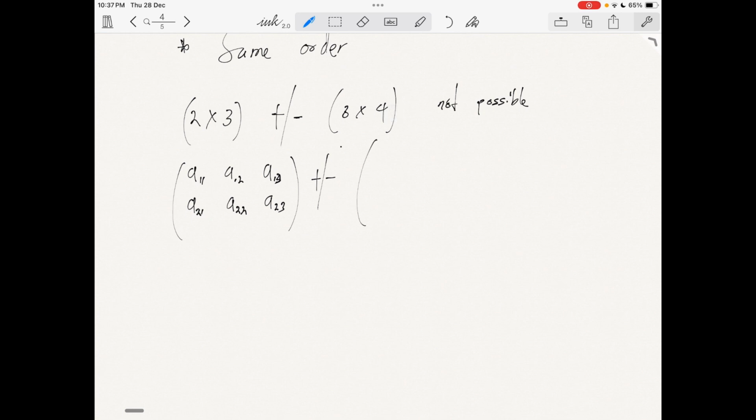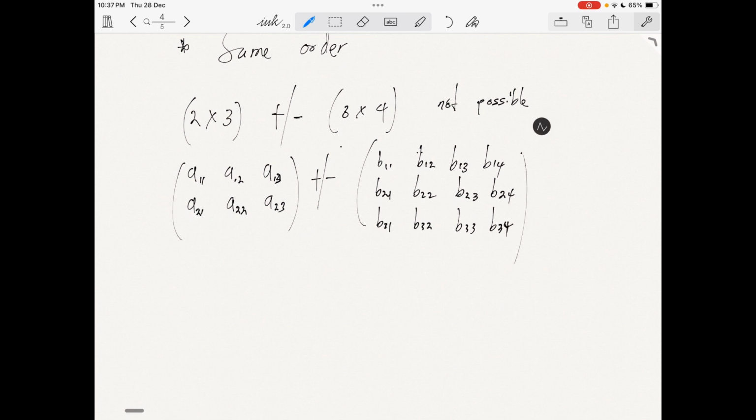Let's call this B11, B12, B13, B14, B21, B22, B23, B24, B31, B32, B33, and B34.